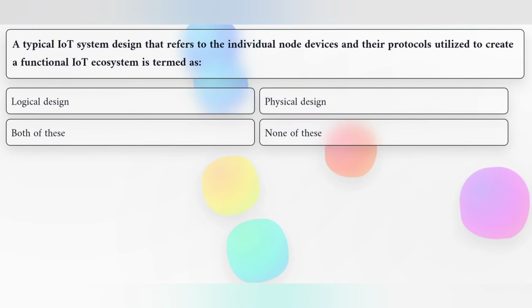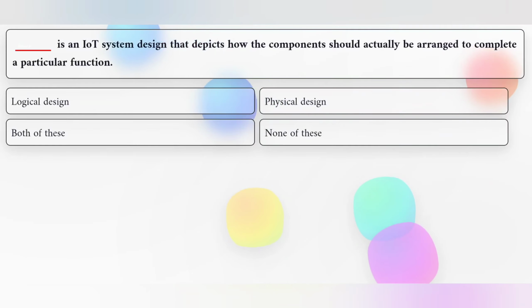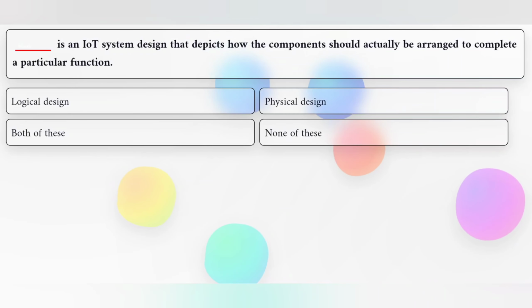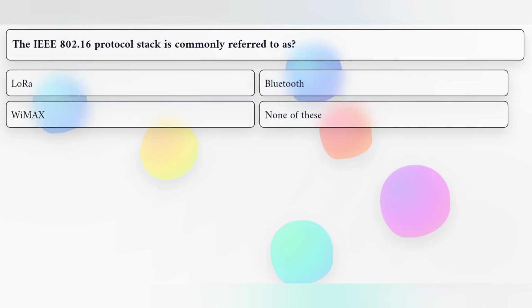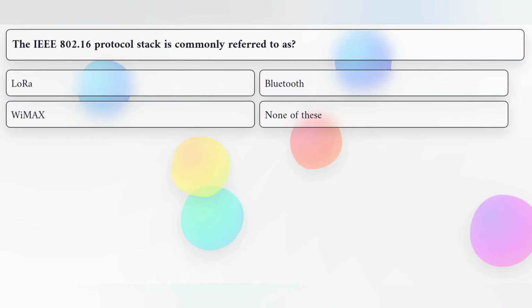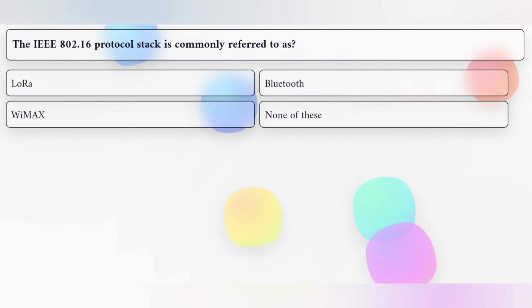Blank is an IoT system design that depicts how the components should actually be arranged to complete a particular function. Logical design, physical design, both of these, none of these. The IEEE 802.16 protocol stack is commonly referred to as LoRa, Bluetooth, WiMAX, none of these.